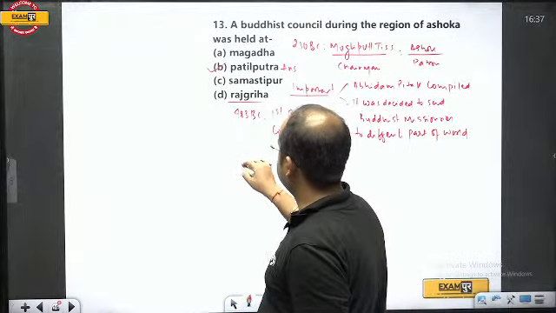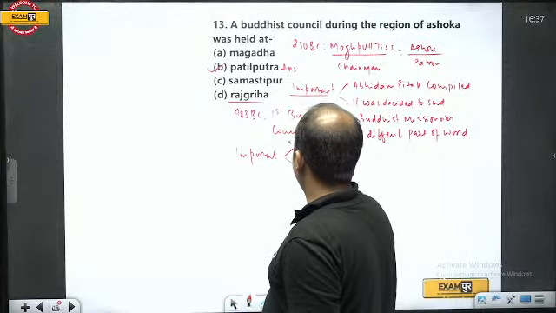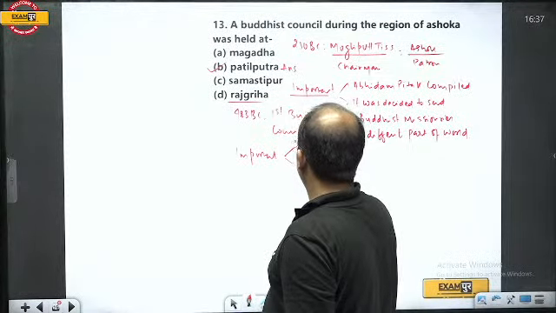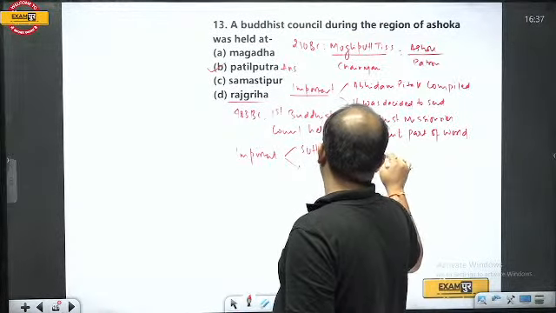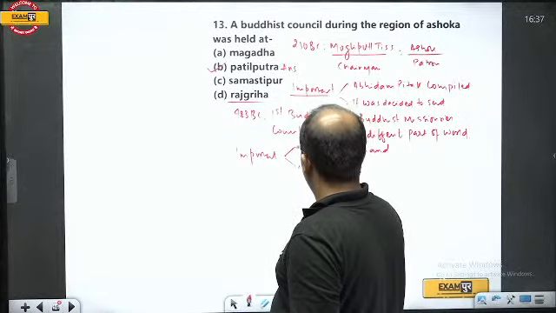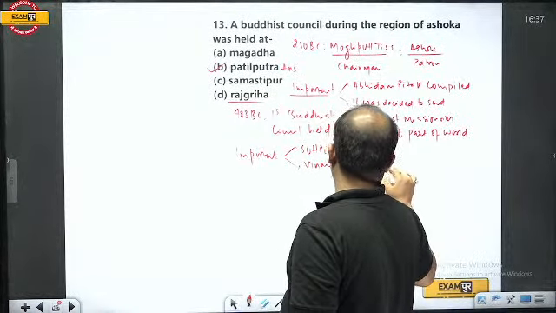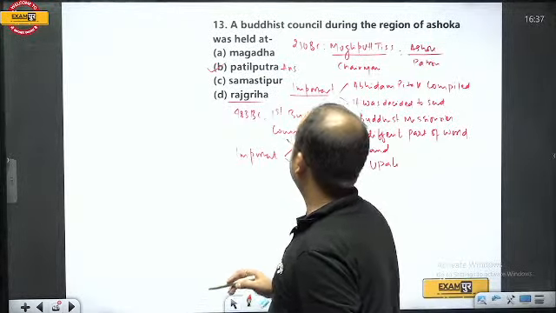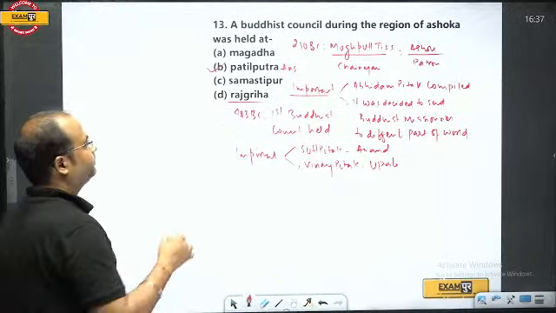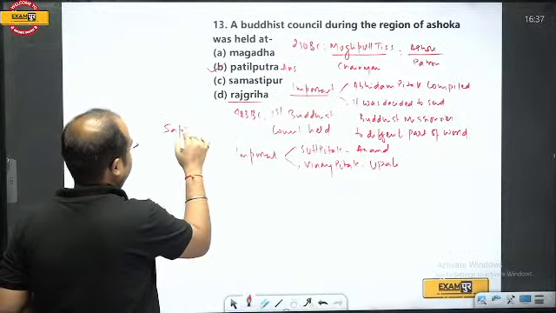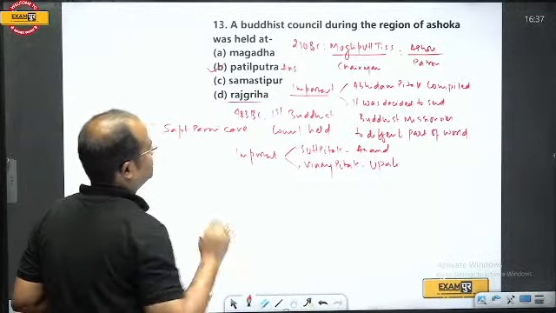In this first Buddhist council, the Sut Pitak was recited by Anand and the Vinay Pitak was recited by Upali, in the Saptaparni cave in Rajgriha.